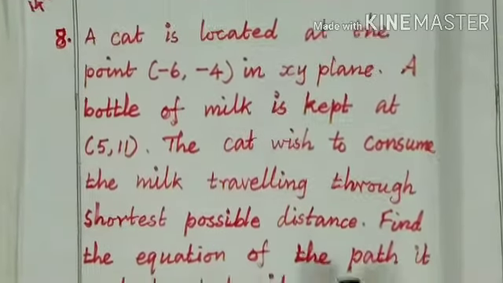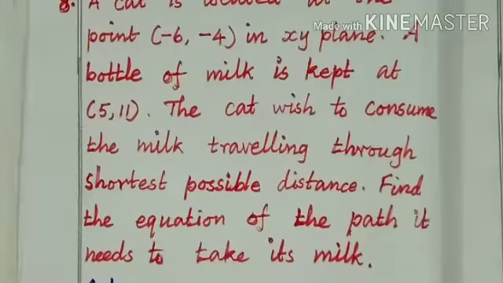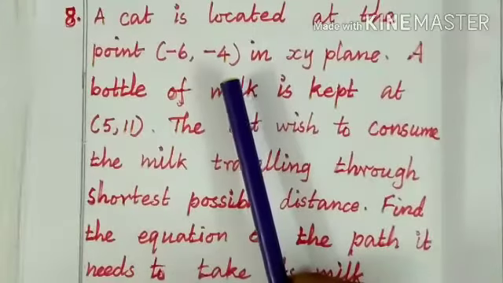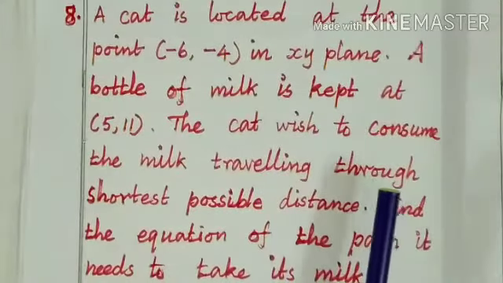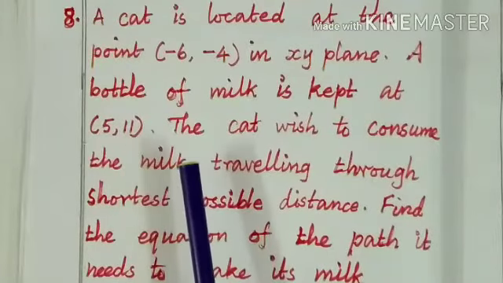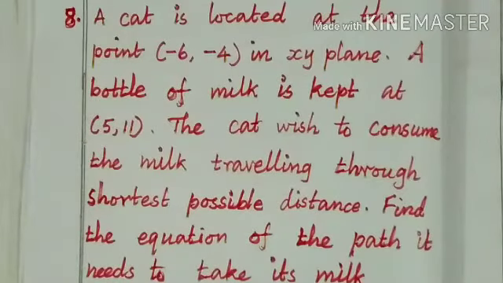Find the equation of the path it needs to take to its milk. In this question, the cat located point and milk kept point are given. We have to find the equation of the shortest possible distance.